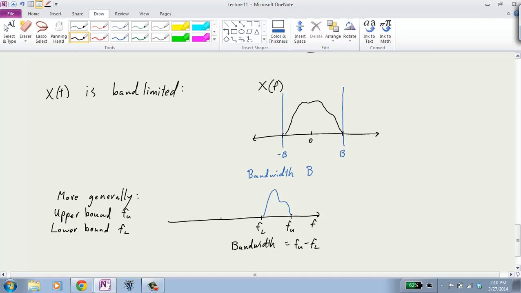So somewhere over here, you'd have a copy of that. Even though you're calling the bandwidth this width, the space in the spectrum that's actually taken up is double that when you count the plus and minus frequencies. In fact, that doubling is exactly the 2 in the Nyquist theorem. So if we instead were to call the bandwidth the whole space, positive and negative frequencies, then the Nyquist sampling rate theorem would be even simpler to state.